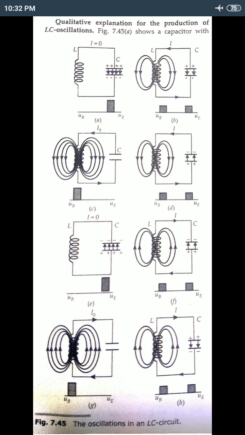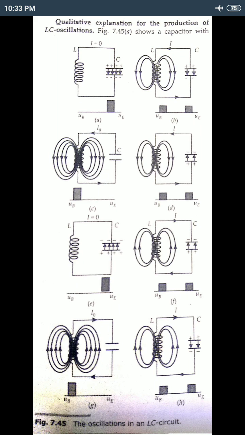Once the capacitor gets fully discharged, it is zero, but the inductor has its maximum value, so the current direction is, suppose, left to right. After that the capacitor gets charged again, the inductor is fully zero, but the current direction is the same. Now the second time the capacitor discharges, the current direction is opposite to the first case.